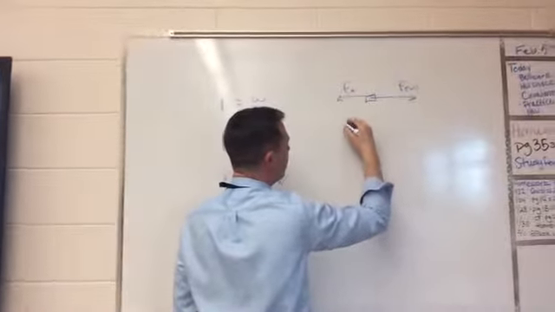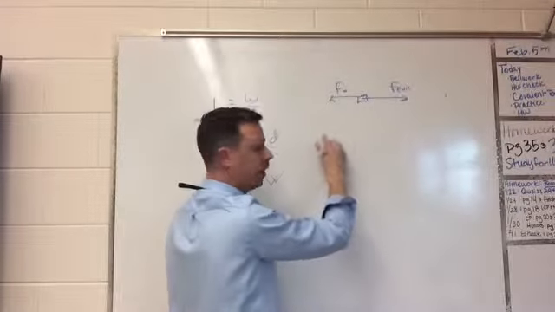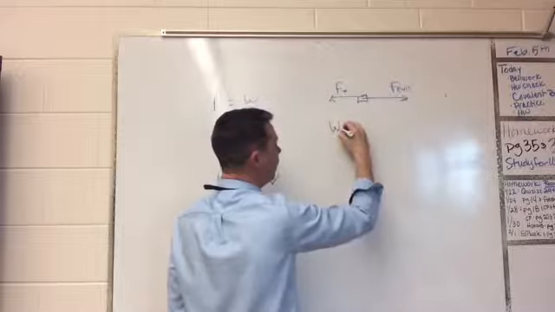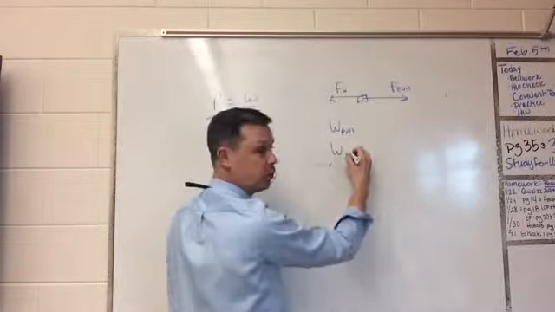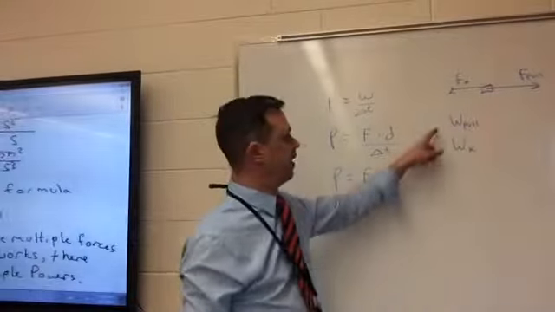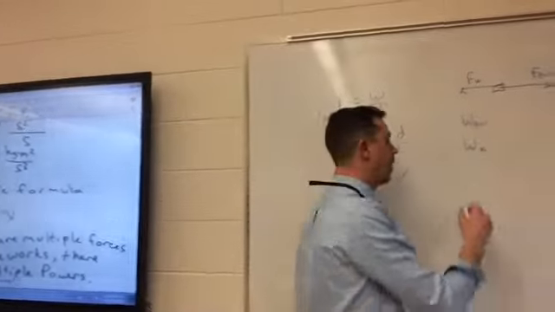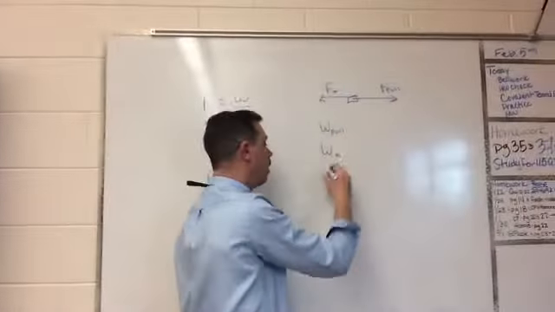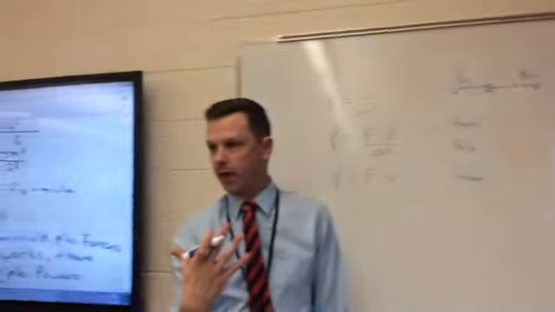So in that case, we would actually have 3 different works happening. There would be the work done by the pull. There would be the work done by kinetic friction, which is taking energy away from the system. This is giving energy to the system. This is taking energy away from the system. And if they are not equal, then there will be net work done on whatever object is happening, okay?